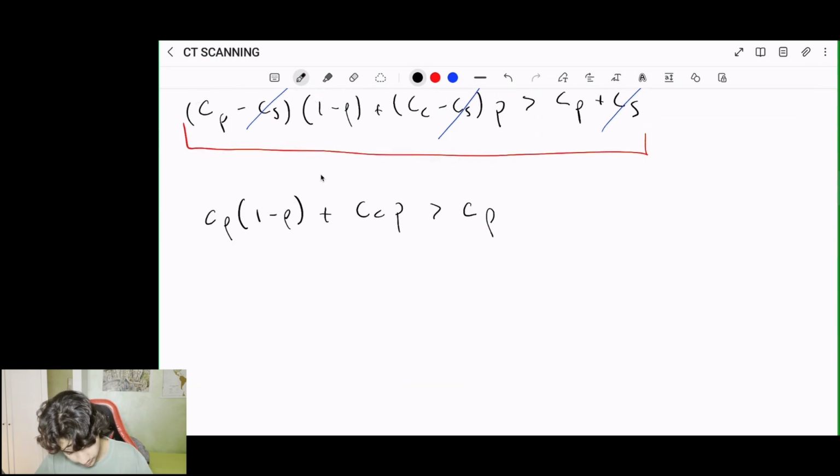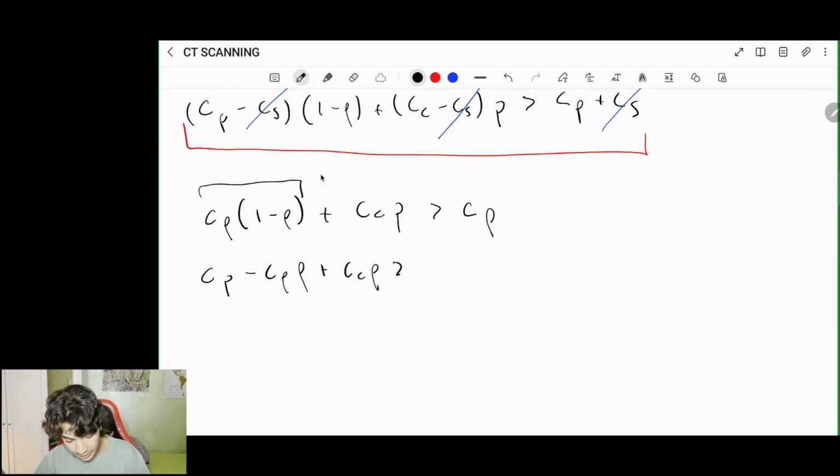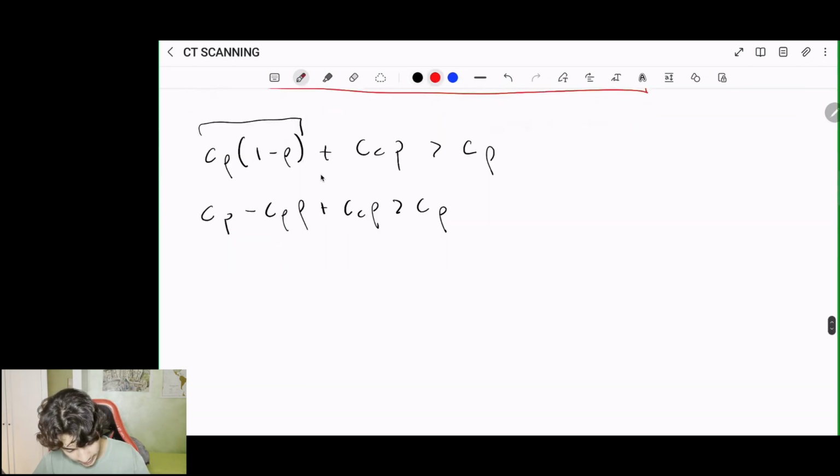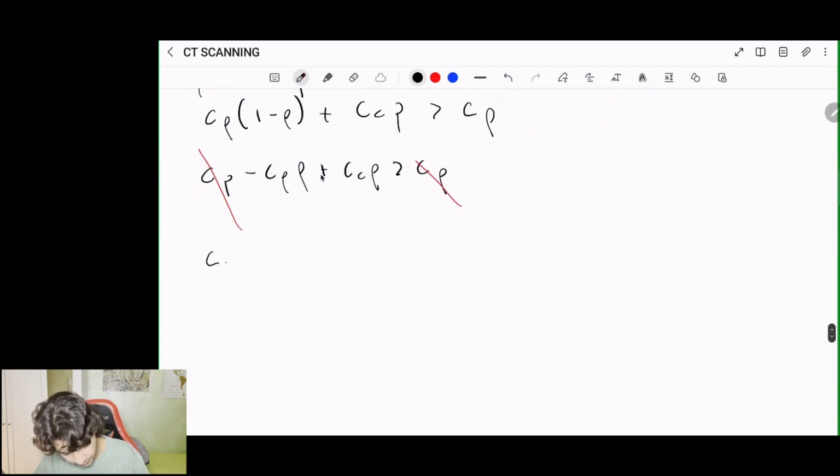Now, at this point, if you solve this, so you multiply, you get this. So this is very simple algebra. Again, if you graduated high school, you should be able to do it, no matter the country you come from. So you're left with P times (CC minus CP) is greater than zero.